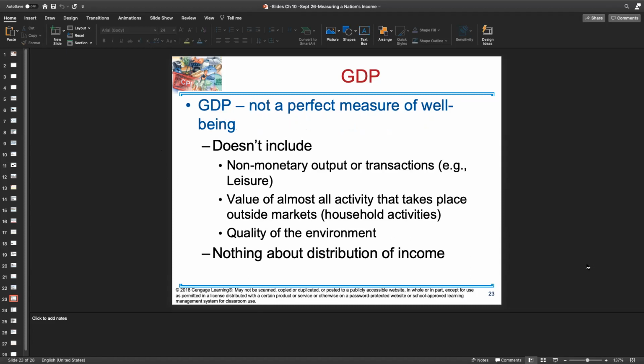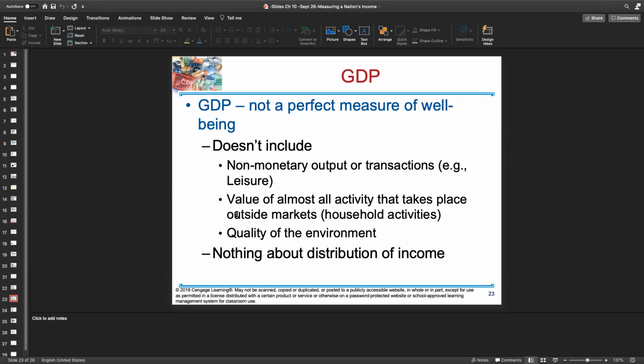So it's not a perfect measure of well-being because it doesn't include the non-monetary outcomes or transactions, for example, leisure time. Leisure time is very important because we have to take a break to be more productive in the labor market.